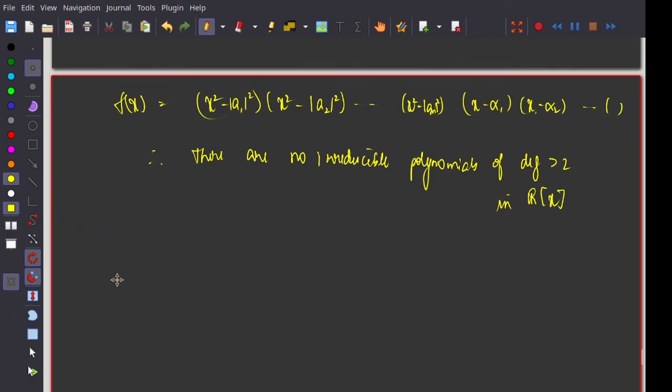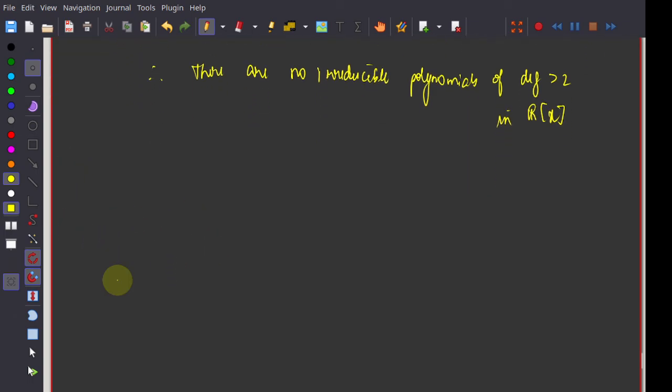Okay, so let's take another example. What about the binary field? What are the irreducible polynomials? So obviously x and x plus 1, degree 1 polynomials, are always irreducible.